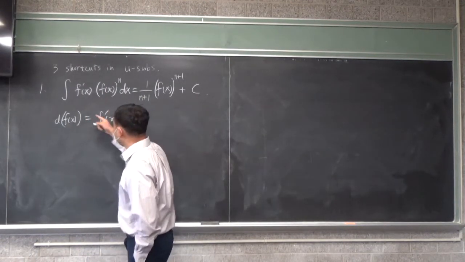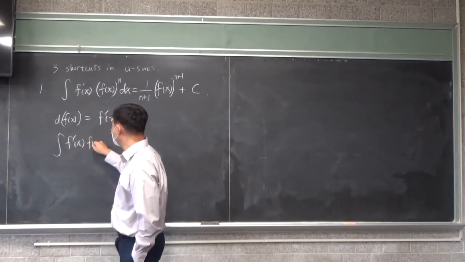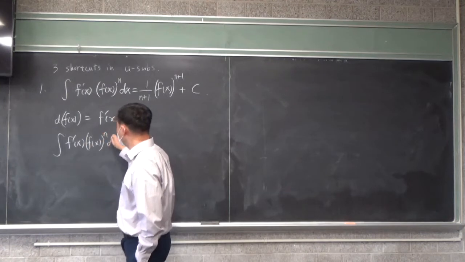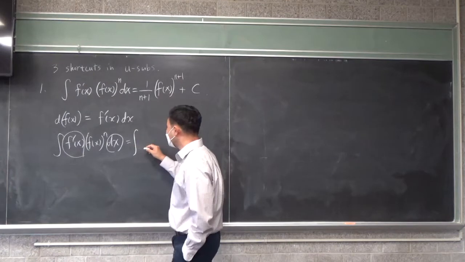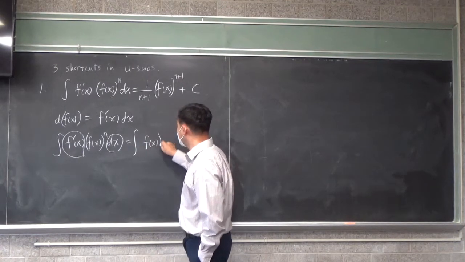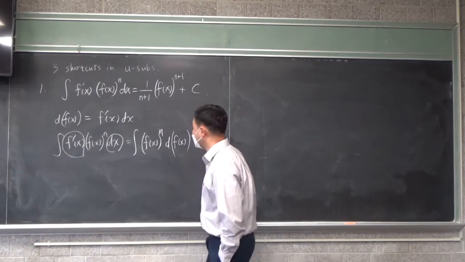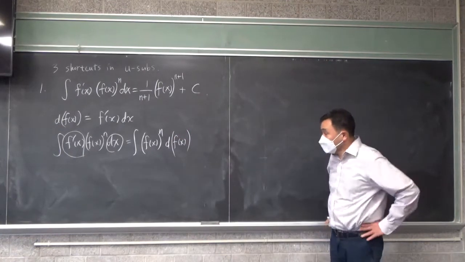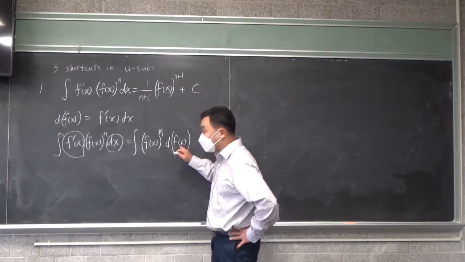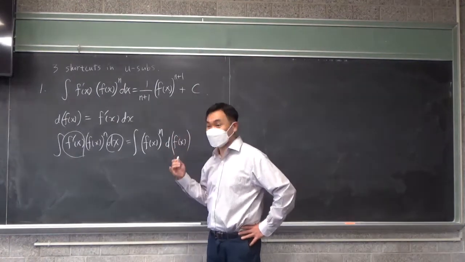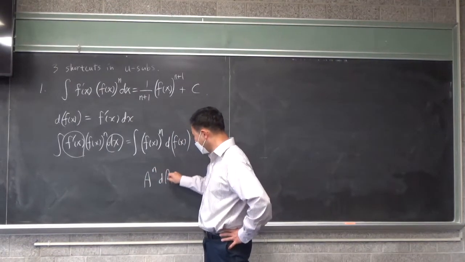So you can rewrite this one as, think of this times this as integral, just like that. Now once you take this approach, you can think of this f of x as some single character, right? So it's really like what? A to the nth dA, something like that.